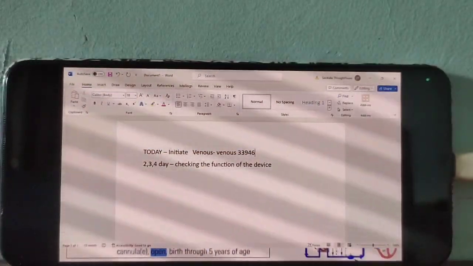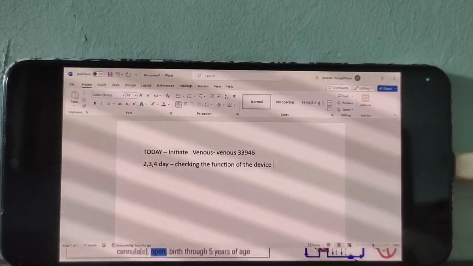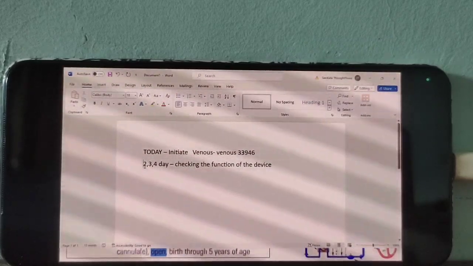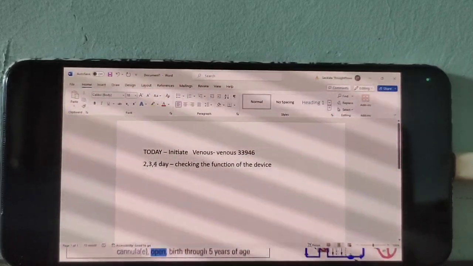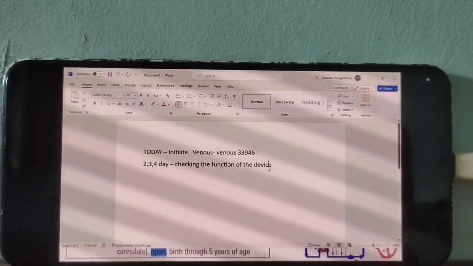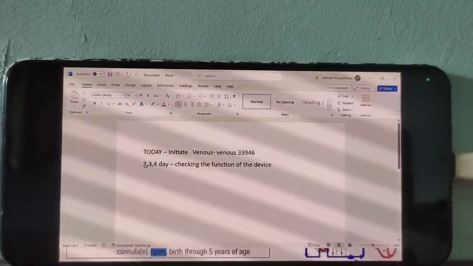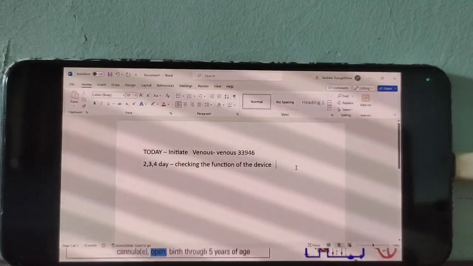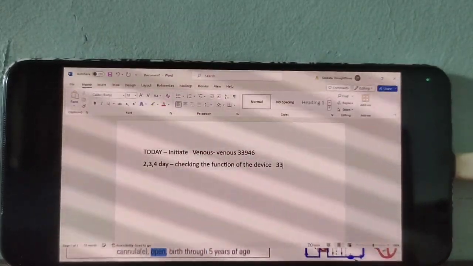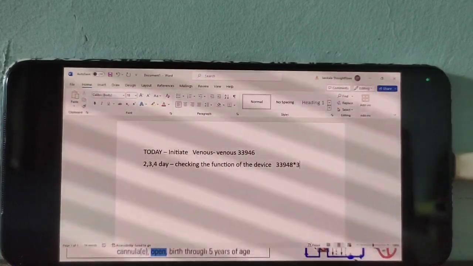33946 for the first day. Then after the first day, how many days are given here? Second day, third day, fourth day: 3 days. For the first day, we report 33946. For the remaining 3 days, we apply the code 3 times: 33948 into 3. Did you understand now?